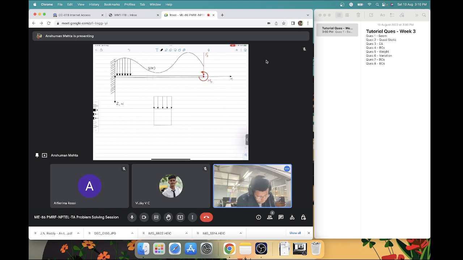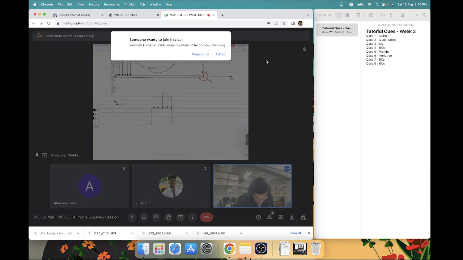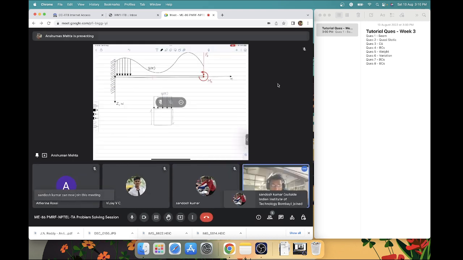So this is our loading Q(x), and we are defining some sign convention. You will remember the sagging and hogging thing. So it's something like that.